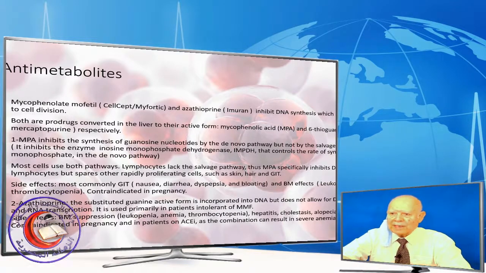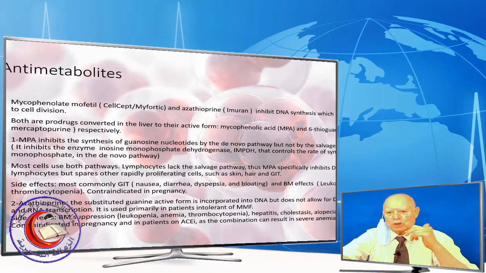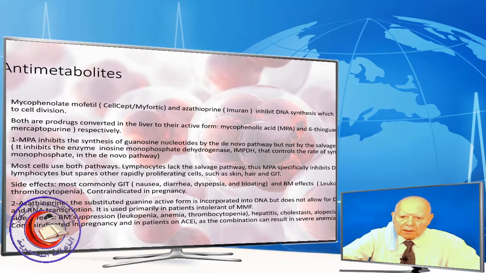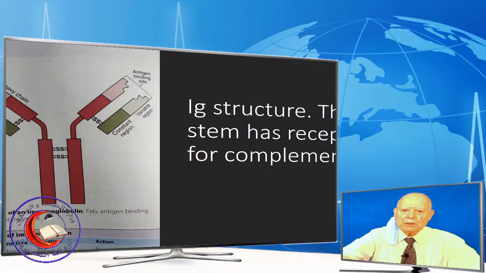So 6-thioguanine can be incorporated into DNA, but it does not allow its replication. It is used primarily in patients intolerant of mycophenolate mofetil. Side effects: bone marrow suppression as usual, in addition hepatitis, cholestasis, alopecia, pancreatitis. It is contraindicated in pregnancy, and in patients on angiotensin converting enzyme inhibitors, as the combination can result in severe anemia and pancytopenia.